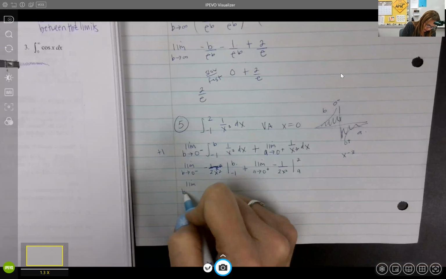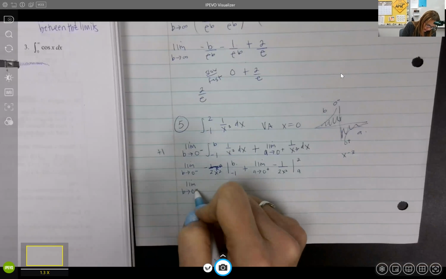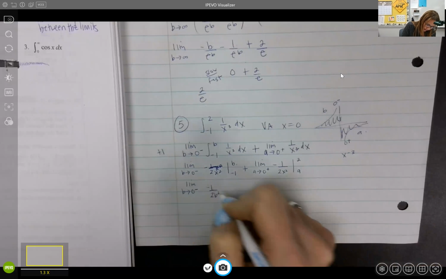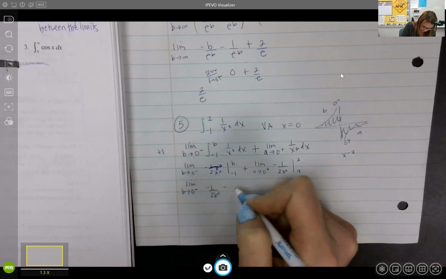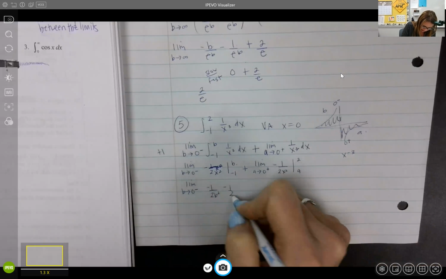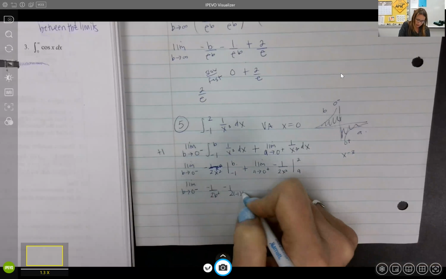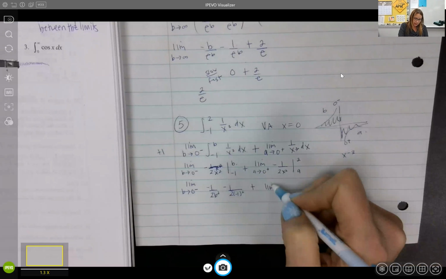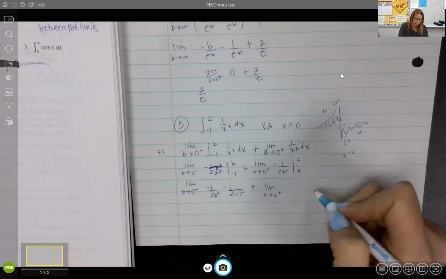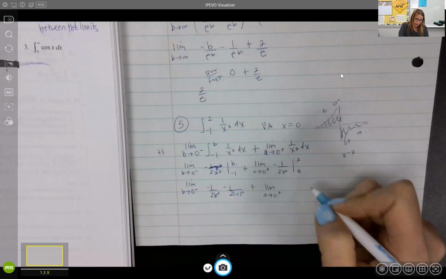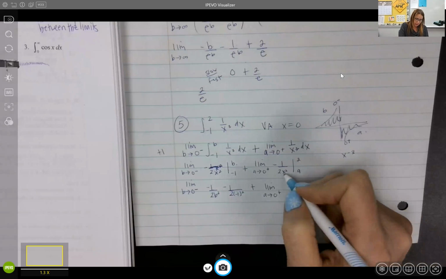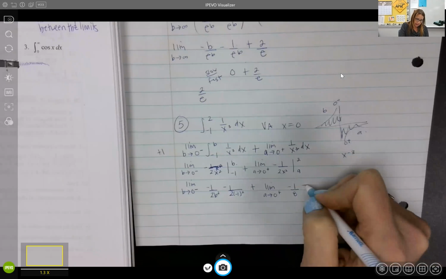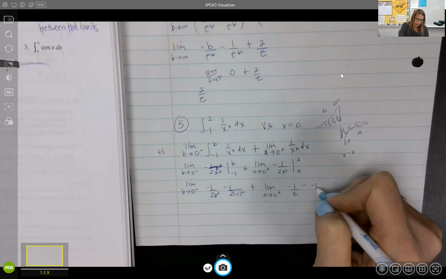So now I'm going to evaluate these at each of their values. So b is approaching 0 on the left is negative 1/2 b squared minus 1/2 times negative 1 squared, plus the limit as a approaches 0 on the right, plugging a 2 in this time. So negative 1 over 2 times 2 squared, so 1/8, minus negative 1 over 2a squared.